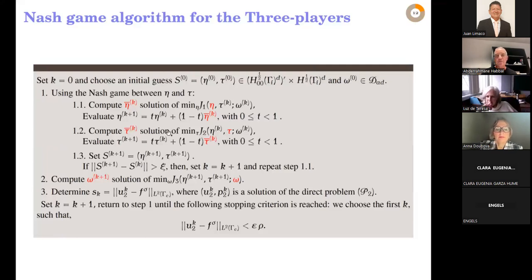But let us consider omega as the leader. If we follow a Stackelberg equilibrium, we should have at hand the map that maps the optimal eta and tau in function of a generic omega. And that is too costly to compute.